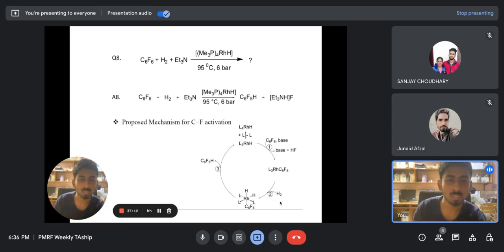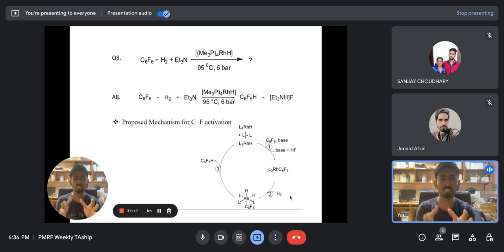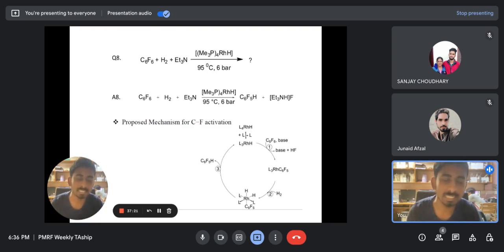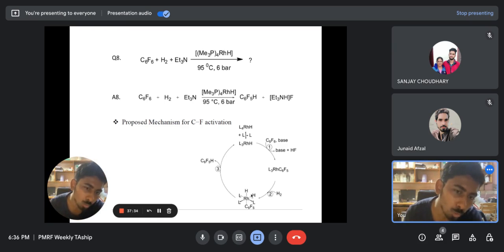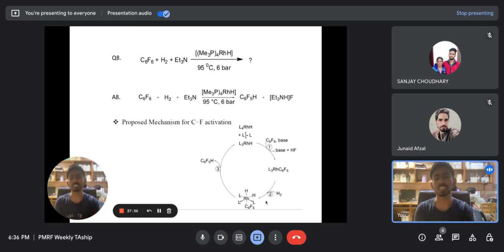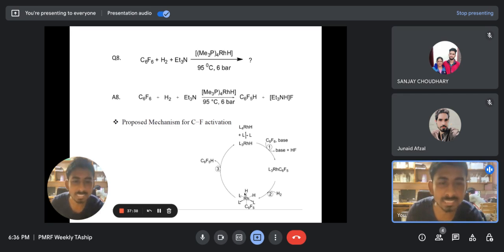When dihydrogen, a non-polar moiety, is pushed into the reaction medium, I have discussed in the previous slides that non-polar moieties get oxidatively added to the metal center in cis orientation, not in the trans orientation. So the hydrogen goes to this rhodium in cis orientation, and we produce this cis dihydride rhodium intermediate, which has a perfluoroaryl group present.